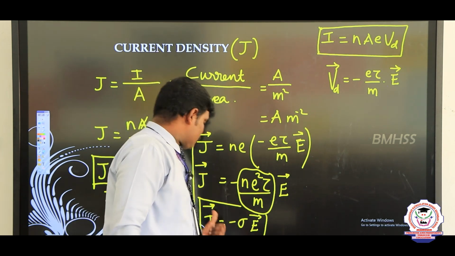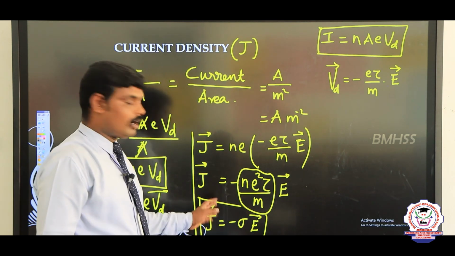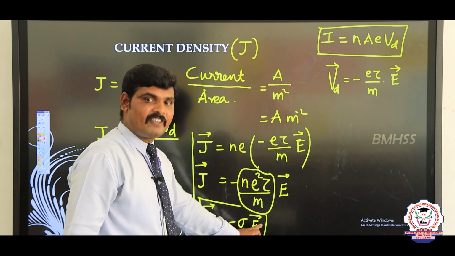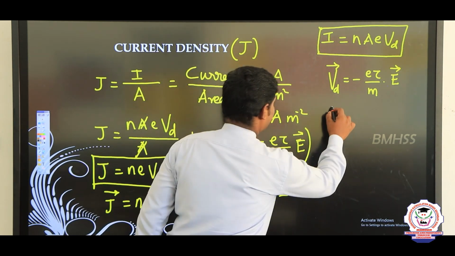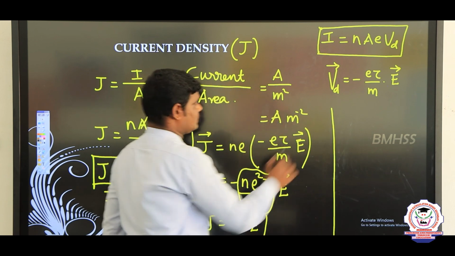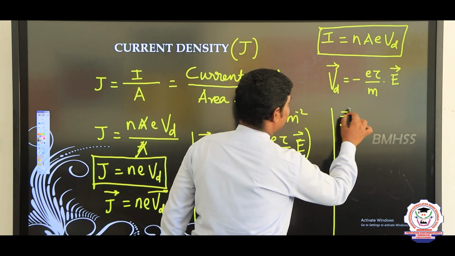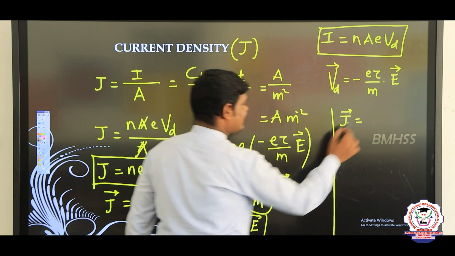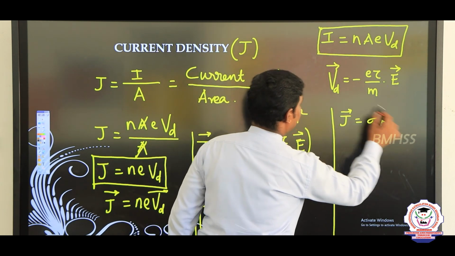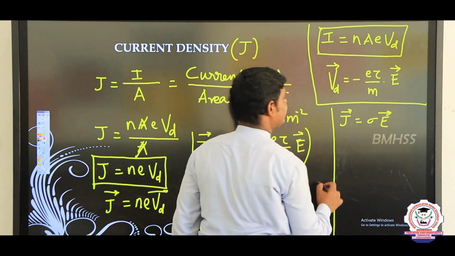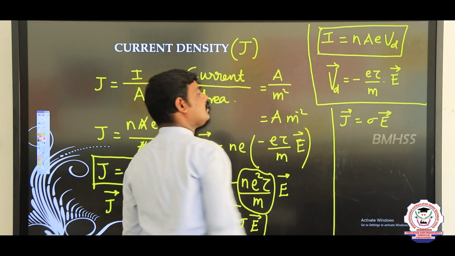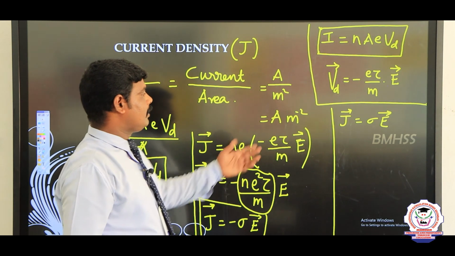Please note, the direction of current density is always the same as the electric field direction, so we can remove this negative sign. So J vector is equal to sigma into E vector. This is the current density formula.